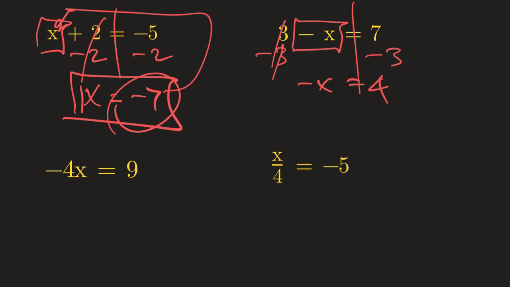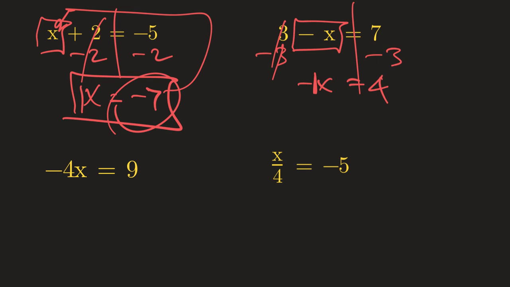Now, is this solved? What's the problem with this? What is still there? Still have a negative hanging around. Guys, we don't have a positive 1x sitting there. There is something in front of that x other than a positive 1. You still need to get rid of that. Technically, that is a negative 1 times x. Now, I'm kind of getting ahead here a little bit. What's the opposite of multiplication?